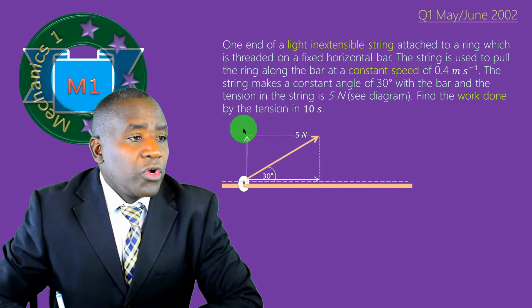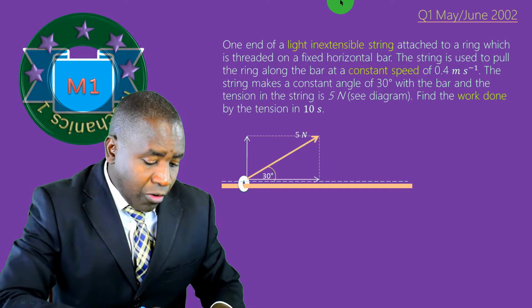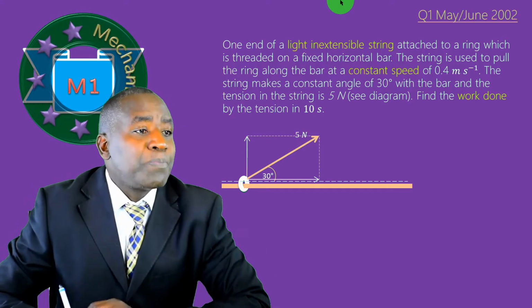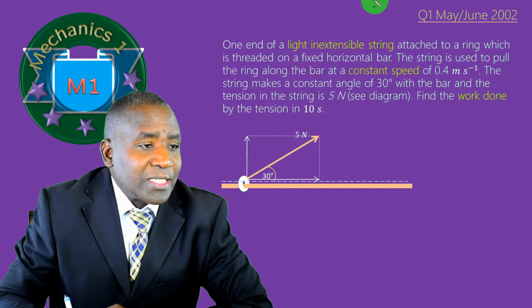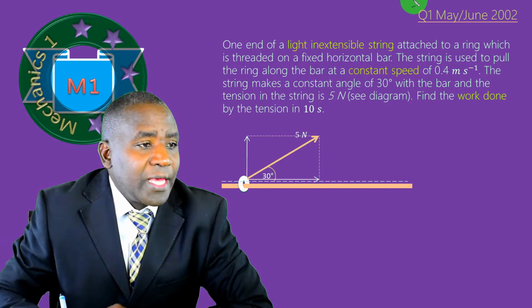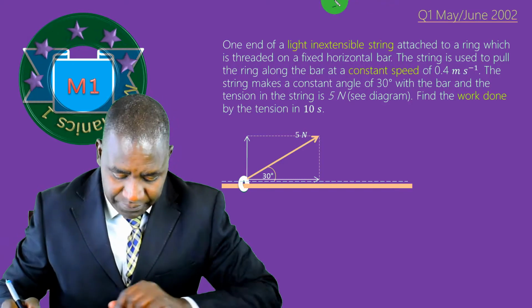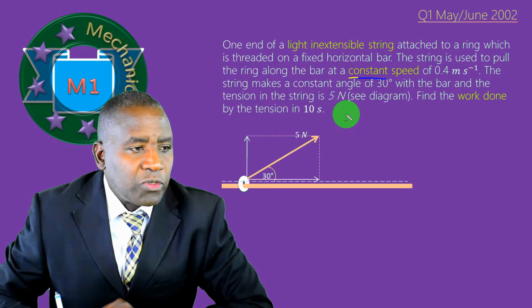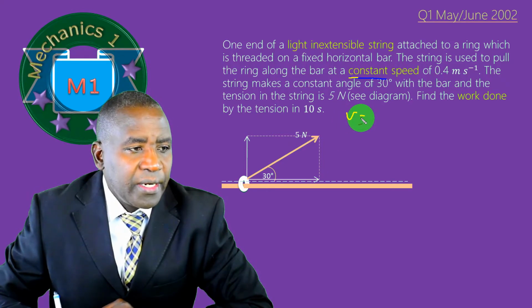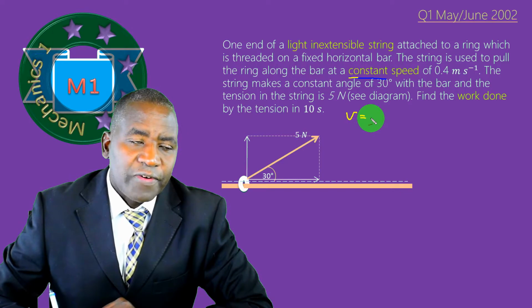Now, let me go to the idea of constant speed. The reason why we are told that this speed over here is constant. Now, speed is given as distance over time.